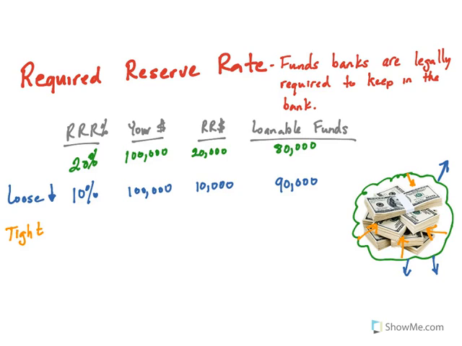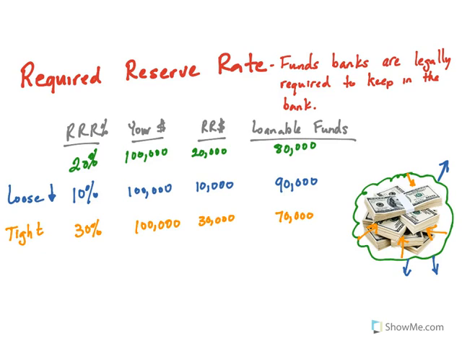And again, they're trying to modify loanable funds, and in this case, decrease the loanable funds. So they could very simply communicate to banks, we are now requiring you to have 30% of your funds available for cash for your customers. You still have $100,000 in the bank, and now the Fed is requiring the banks to hold on to $30,000 of your money, and there is now $70,000 in loanable funds.